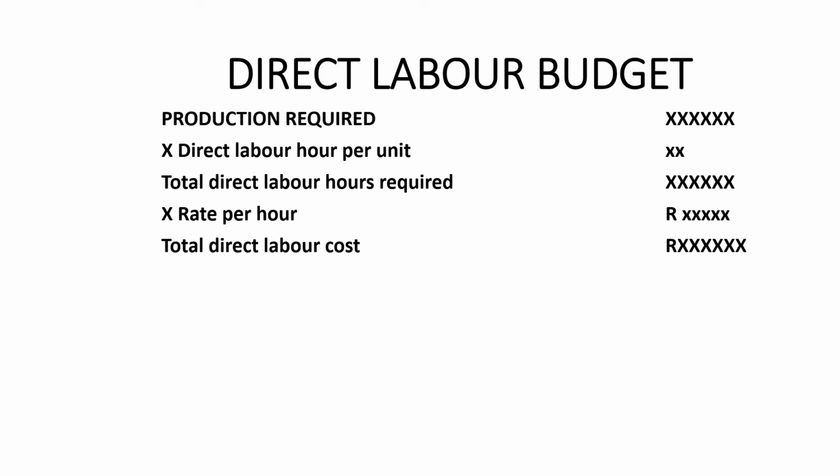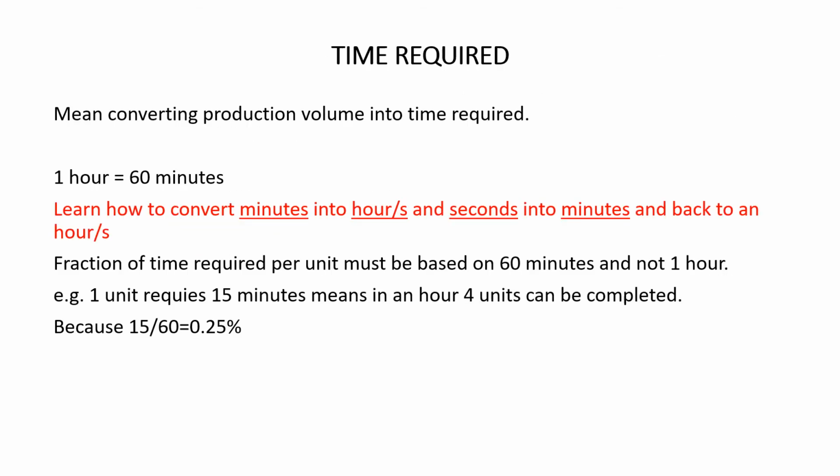So production requirement from stage 2 multiplied by time per unit gives you total direct labor hours required. Then you multiply by rate per hour, then you get the direct labor cost budget.